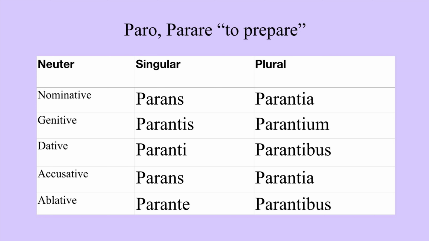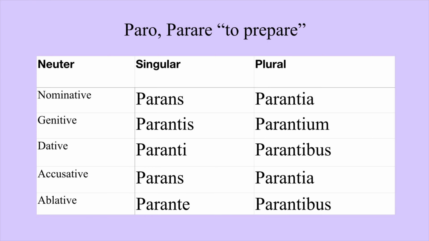Except we have the accusative singular parans, and then for the nominative and accusative plural, parantia, right? So parans, parantis, paranti, parans, parante, parantia, parantium, parantibus, parantia, parantibus.